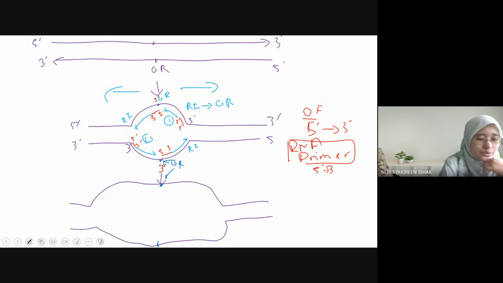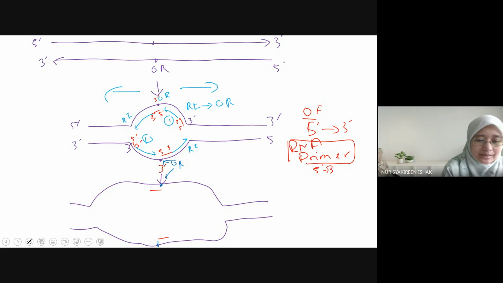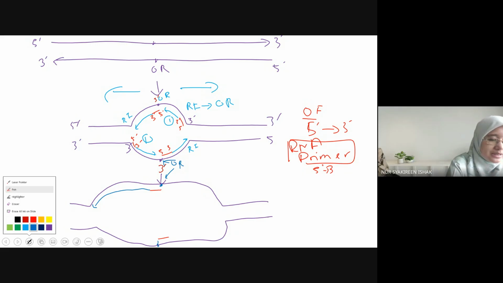Okay, the primer of the leading strand, because the bubble is getting bigger, so the synthesis of the leading strand will proceed without any problem. As the replication bubble gets bigger, dia akan synthesize continuously, no problem.